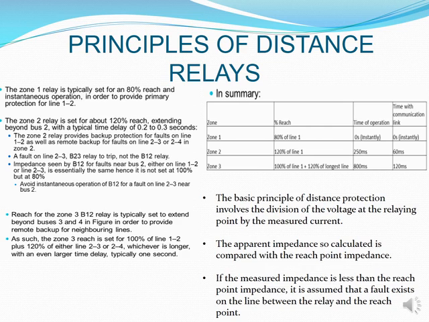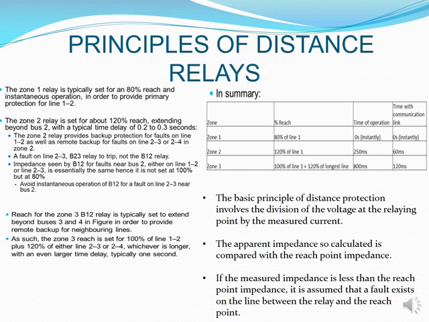So the basic principle, if I summarize this slide, for your distance protection is that you utilize the voltage of your system, which you divide by the measured current of your system. That gives you your impedance, which is then compared to the apparent reach point impedance.